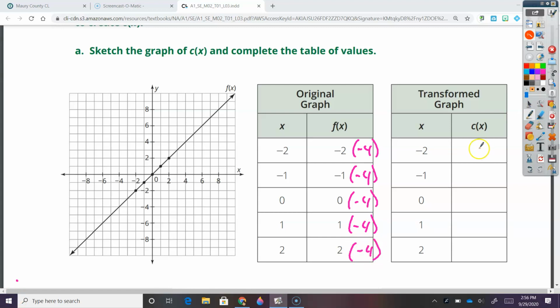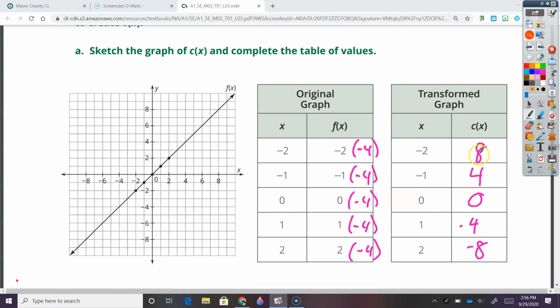So -2 times -4 gives me a +8. -1 times -4 gives me a +4. 0 times anything is still 0. 1 times -4 gives me -4. 2 times -4 gives me -8.